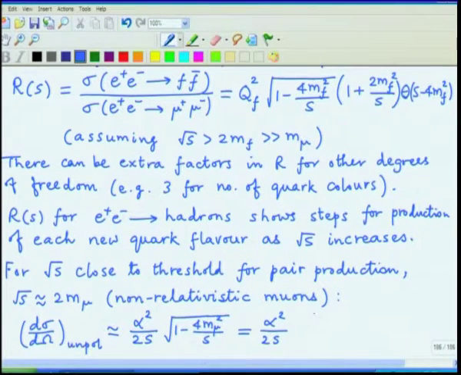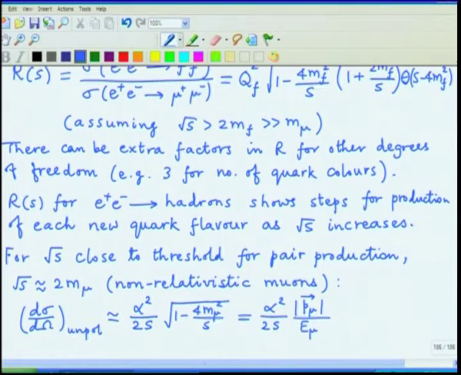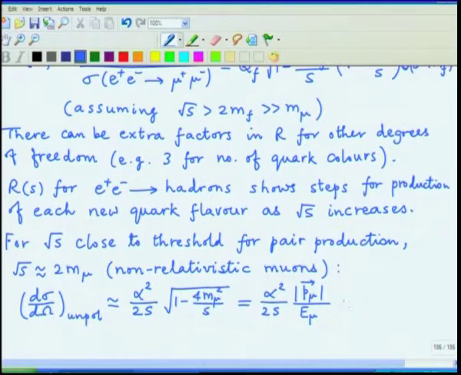What is there is nothing but the ratio of the momentum of the muon to the energy of the muon, and this is a rather special result.